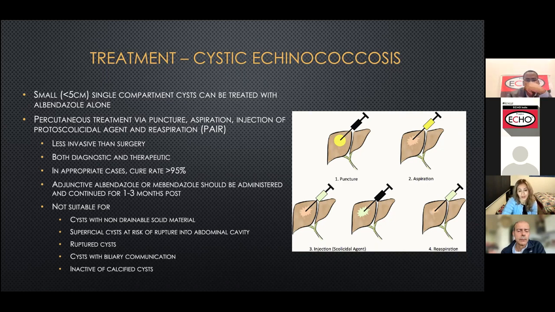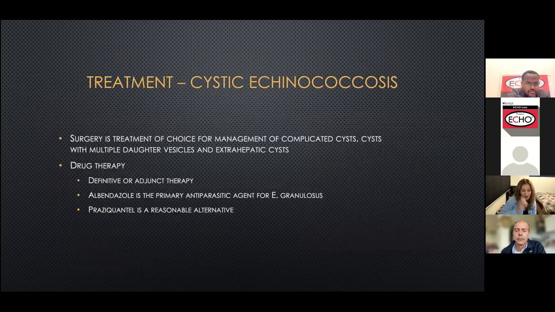Cysts with biliary communication can't be treated this way, which goes back to our case, where you expect the radiologist to be able to tell you if there's active communication or not. And inactive calcified cysts can't be treated this way because the wall may not be able to be punctured very effectively with the needle. And also if it's hard, it won't collapse with the aspiration.